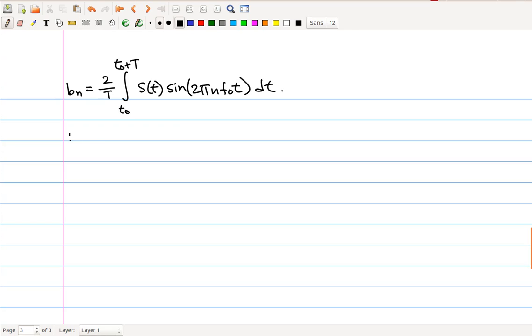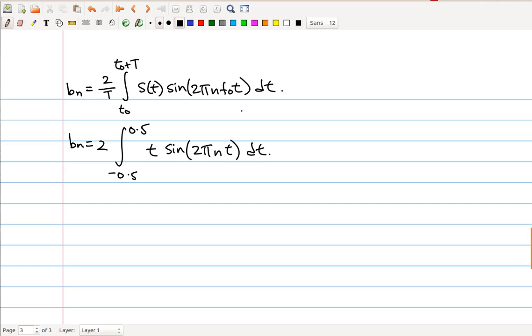Just the definition. I'm going to fill in all the details that I know. T is equal to 1, and I'm integrating over one period from negative 0.5 to 0.5. I'm also going to fill in the value for f naught, so that this integral turns into the integral from negative 0.5 to 0.5 of t sine 2 pi n t dt.